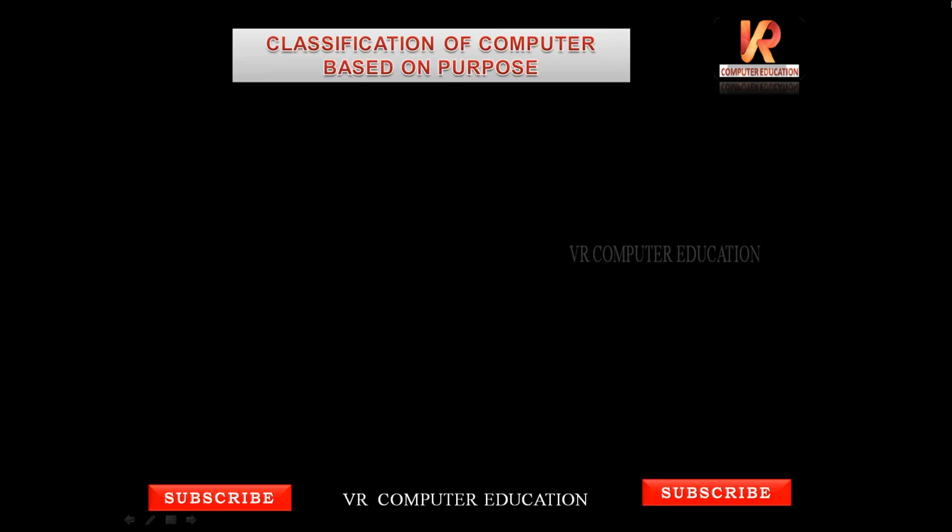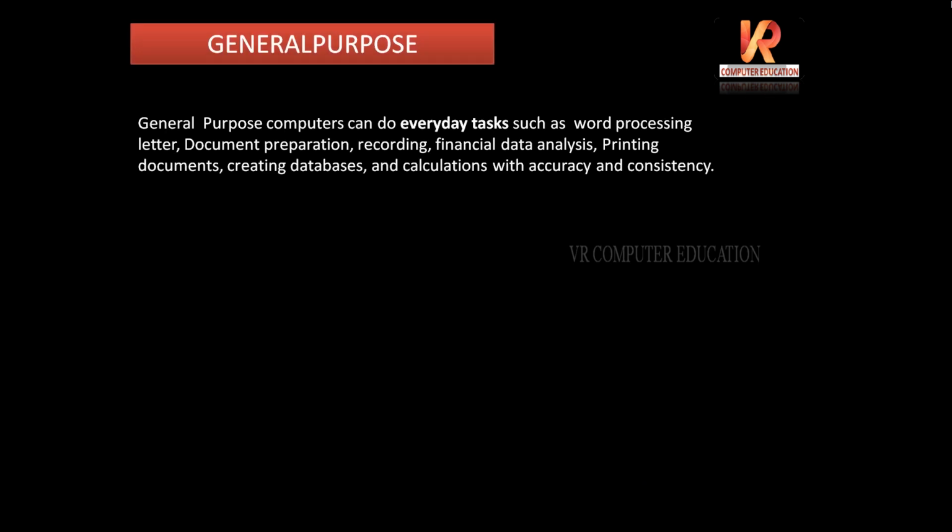Next, based on purpose. So let us see classification of computers based on purpose. There are two types, that is general purpose and special purpose. Now what is general purpose? General purpose computers can do everyday tasks such as word processing, letter and documentation preparation, some recording, some financial data analysis, some printing of documents, creating databases, and calculations with accuracy and consistency.